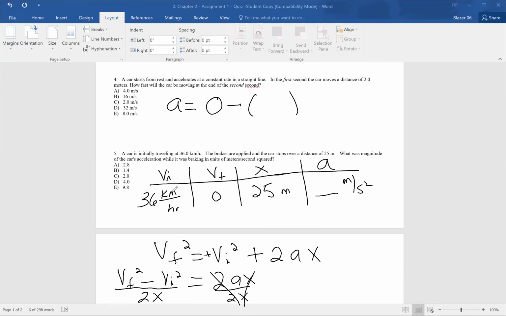We already know that kilometer means 10 to the third, so we can say 3.6 times 10 to the third meters. And we already know that 1 hour is 3.6 times 10 to the third seconds.